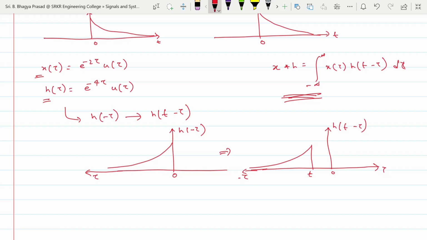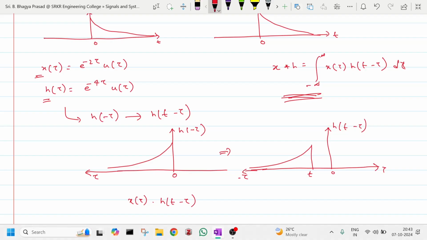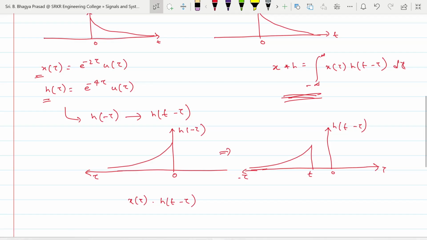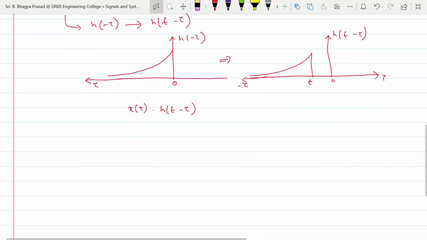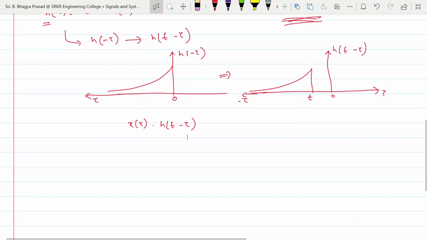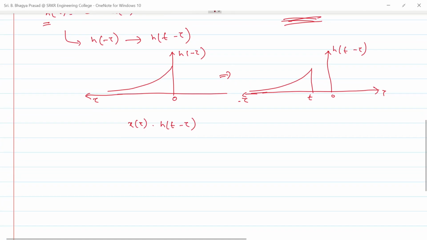So that's why I am assuming that I am moving this h of t minus tau signal from minus infinity to plus infinity. I am multiplying x of tau and h of t minus tau for the different tau values. For that, I will move this signal from minus infinity to plus infinity. So let me draw both signals.